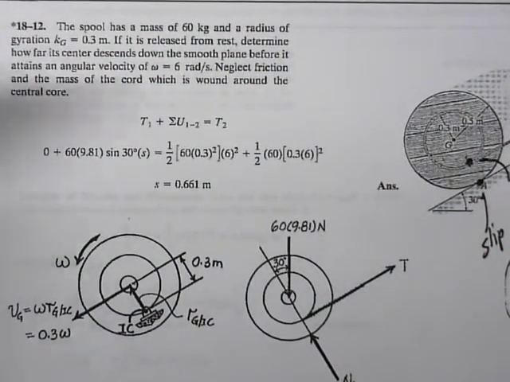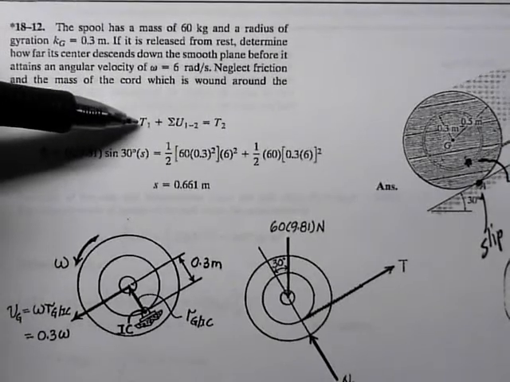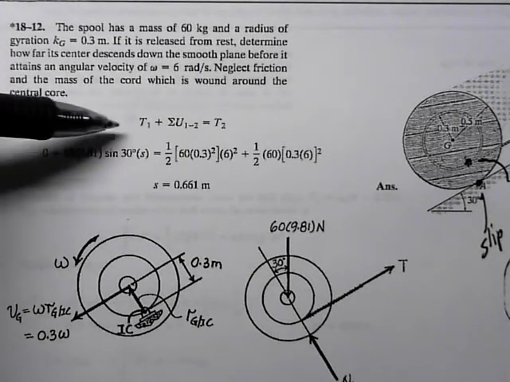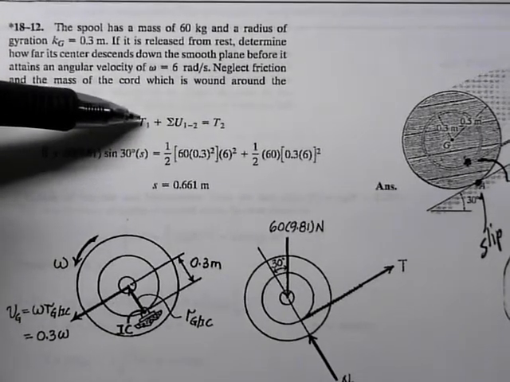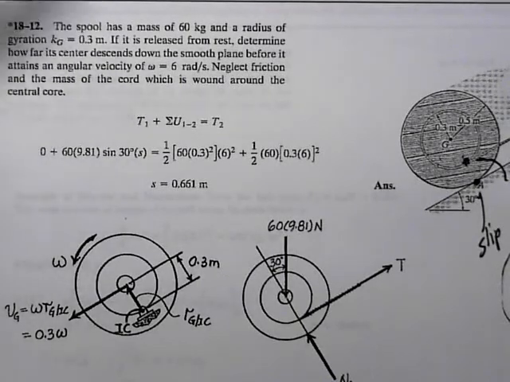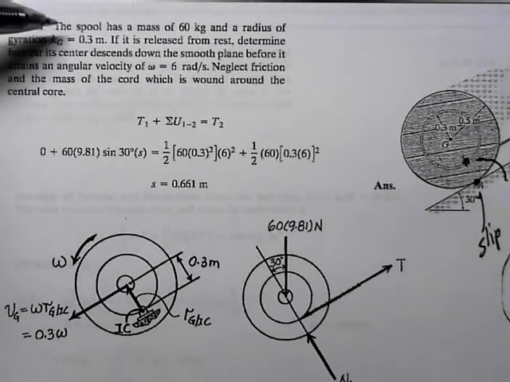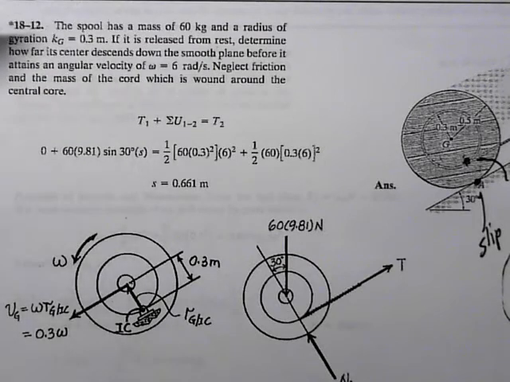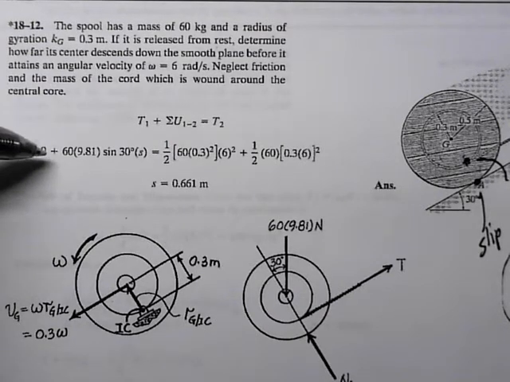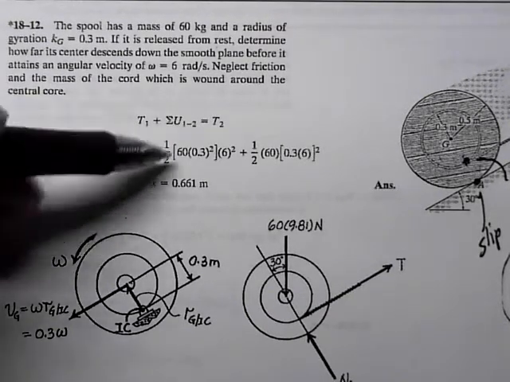And so we will use a work-energy form, and the only thing is we'll be treating the gravitational potential as a work term. And so we are starting from rest. Therefore, our kinetic energy is 0. And then we will have our gravitational potential.